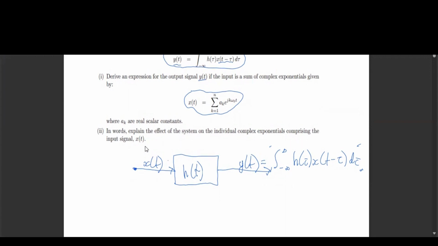So you have to use the equation that they gave us and manipulate it to get the answer. The first thing we need to obtain is x at t minus tau, and all that is just wherever you saw t, you replace it with t minus tau. So x at t minus tau will be equal to the sum k equals 1 to n of a k e to the j k omega naught, and we just replace t with t minus tau. That's the first part.